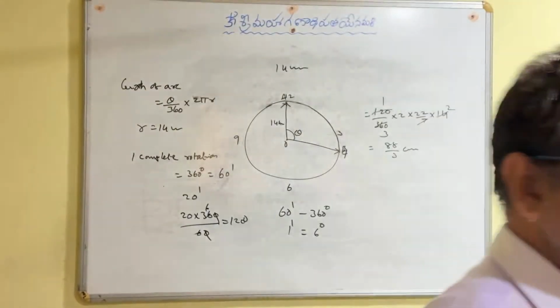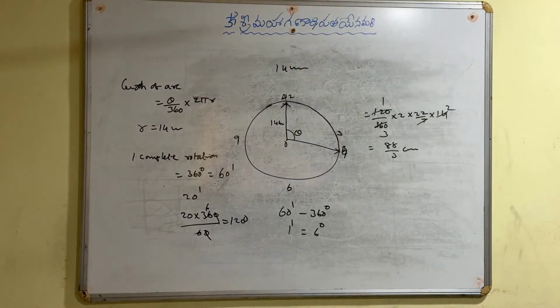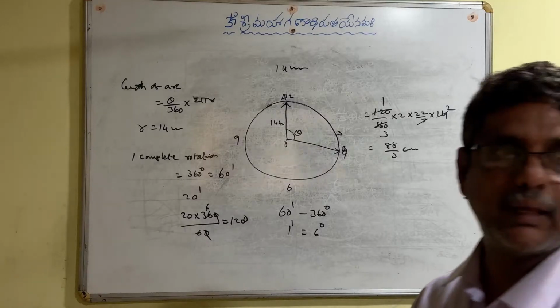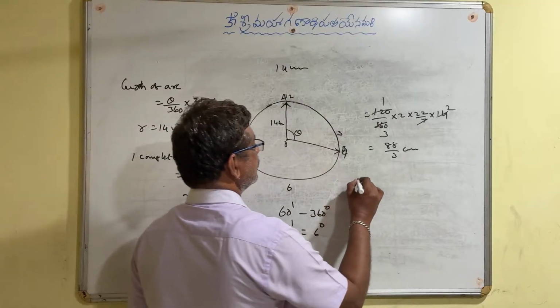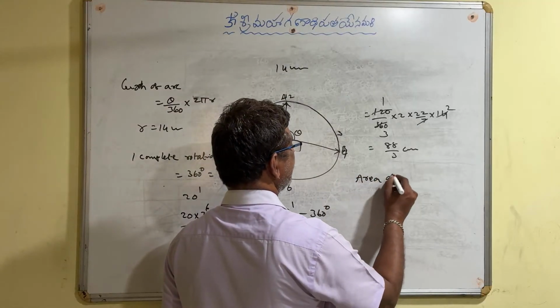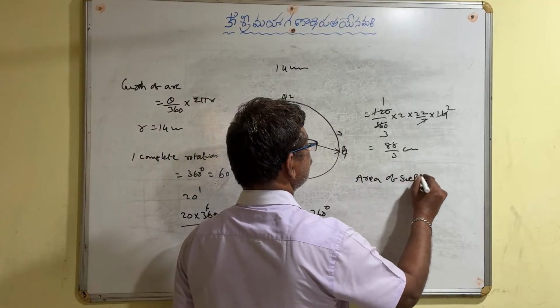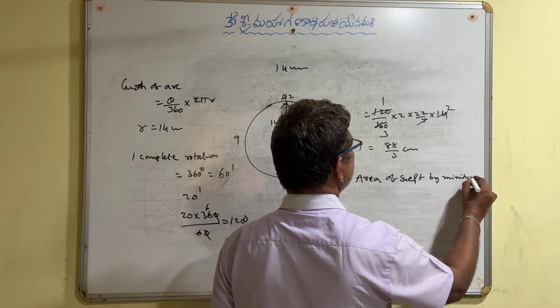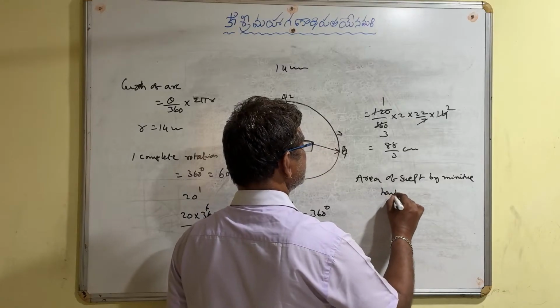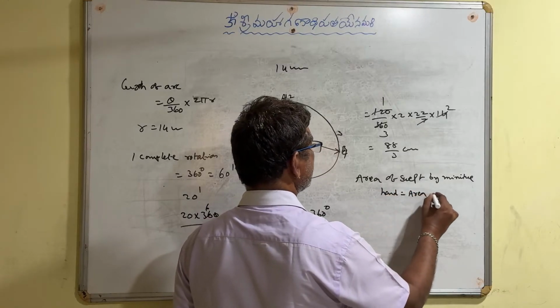అదే సేమ్ క్వశ్చన్, the area swept by the minute hand అంటే ఏరియా ఆఫ్ సెక్టార్ కనుక్కోవాలి. Area swept by minute's hand is nothing but area of sector.